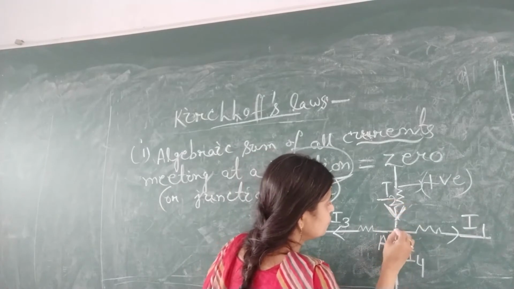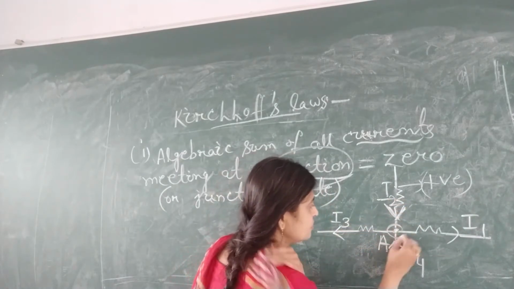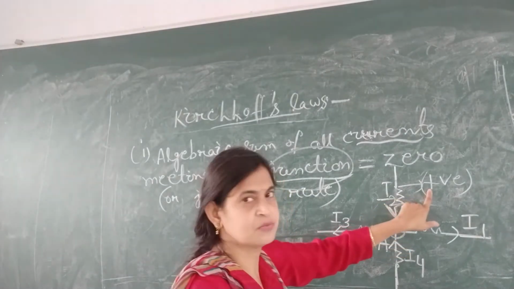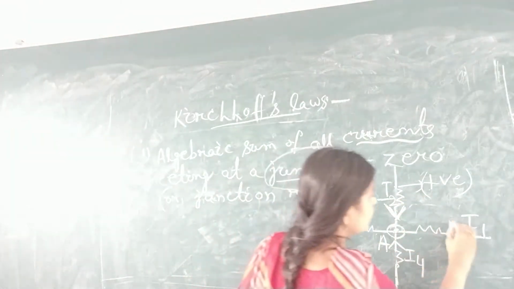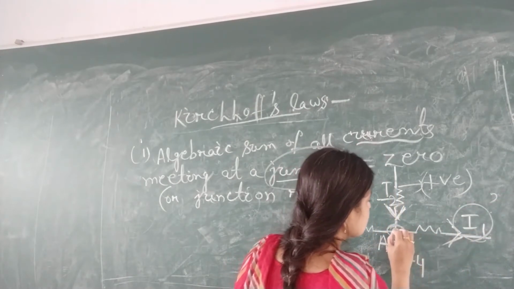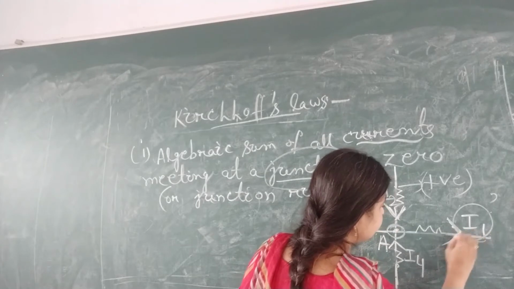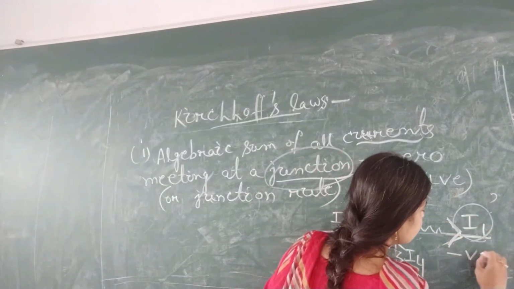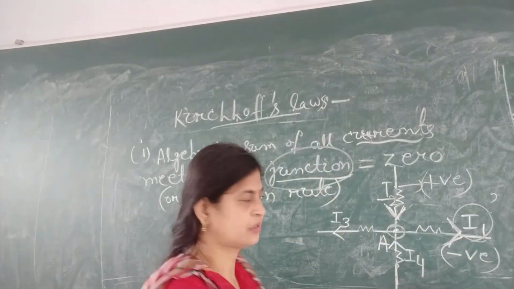Direction is towards the junction, which is your A. So, we will consider here I2 as positive. For example, I1. What will be the direction of I1? I1 is away from the junction. So, I1 will be considered as negative.